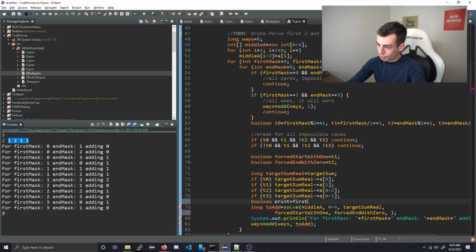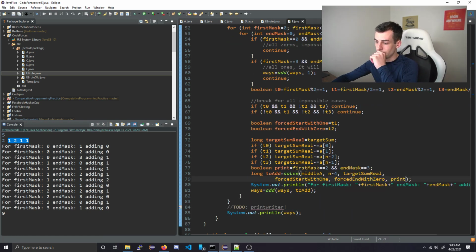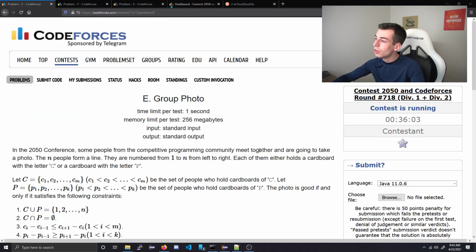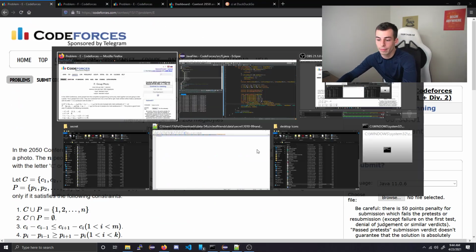Print first mask equals 2 and end mask equals 3. Okay. Oops. I have to go to the bathroom. Be right back.